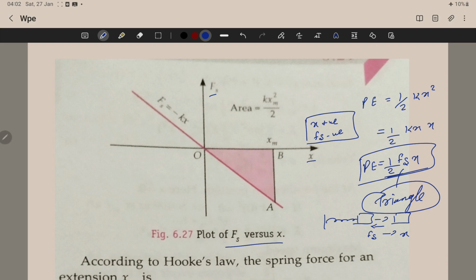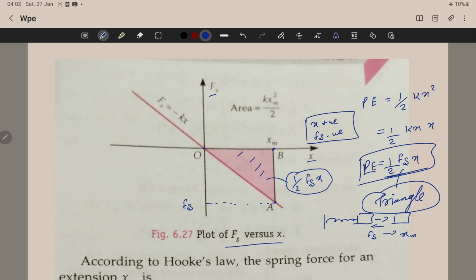Let's say the maximum displacement is xm, and the force is negative, minus Fs. If we plot these two starting from 0, we get this triangle. This triangle gives us the potential energy. If you find its value, it comes to half Fs into x.